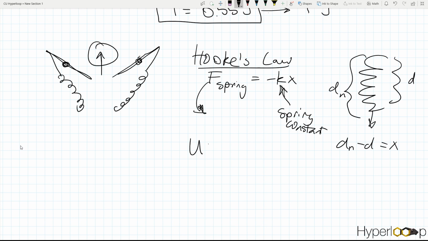And we were able to find out that U, which is the potential energy, the energy that's stored in a mechanical system, is equal to 1/2 k x squared, k still being the spring constant, where x is the same displacement. So now we can set up this equation where we've got 1/2 kx squared equal to our 1 joule.